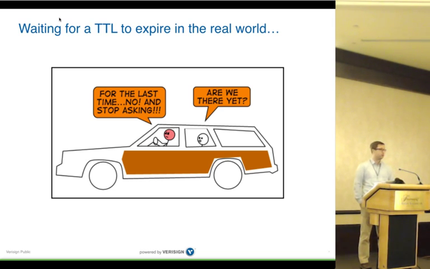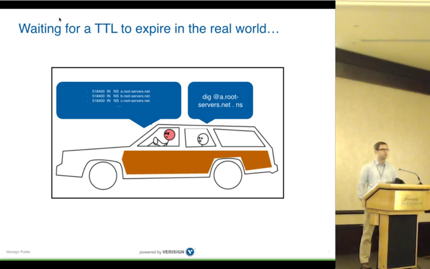I'm sure we all did this to our parents when we were younger. We were sitting in the back of the car and we kept asking that annoying question time after time after time, are we there yet? Right? And so we kind of expected the same thing out of resolvers out there. They're just going to keep asking those same questions regardless if the answer is the same thing time after time.